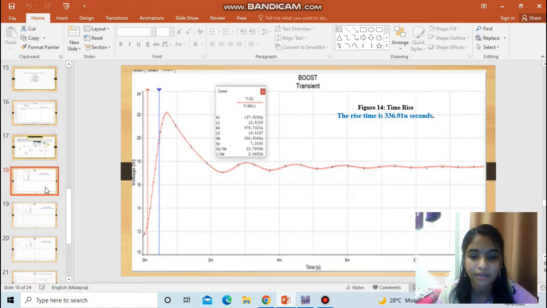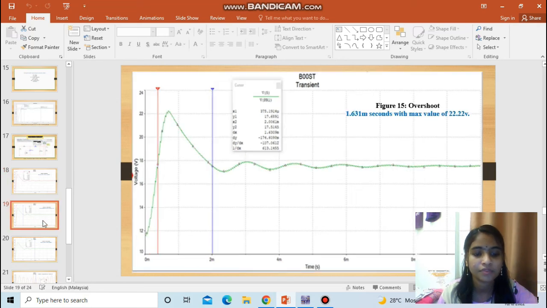Based on this graph, we got the rise time, which is the difference between 10% and 90% of the amplitude. The value we got is 336.91 microseconds. And then we proceed with the overshoot.